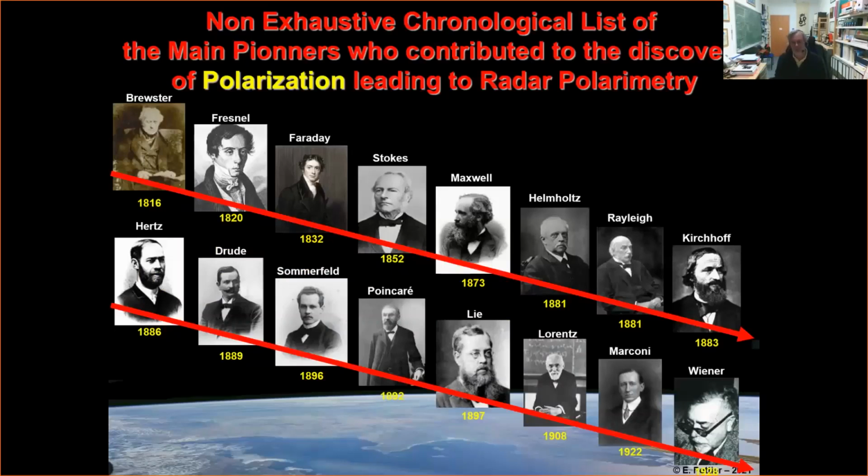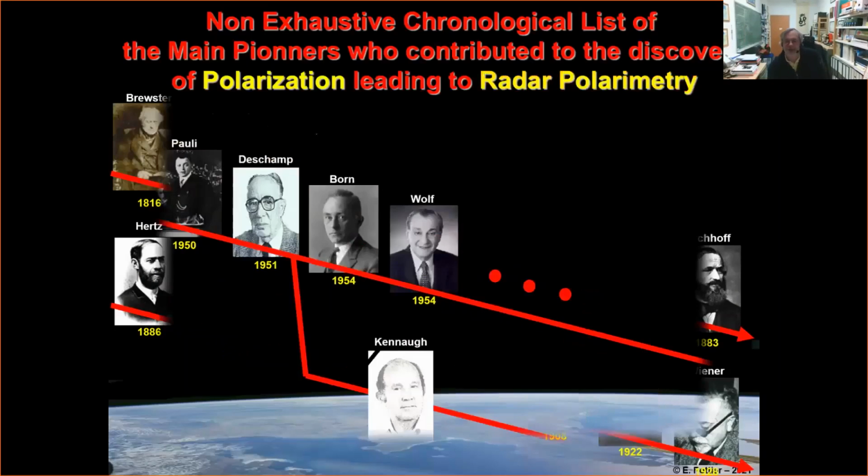It is a mathematical group of different matrices, and also the Poincaré representation of the polarization. So we are coming back to this theory. Then we have Lorentz, Marconi, Wiener, etc., etc.